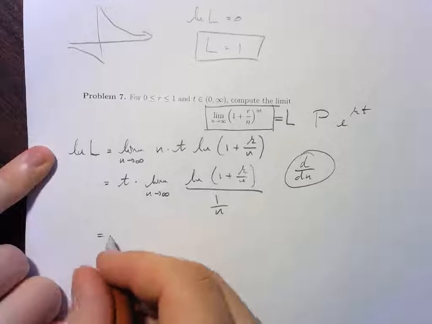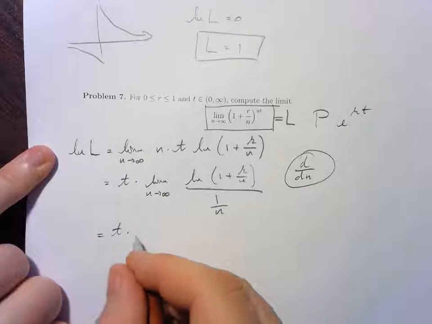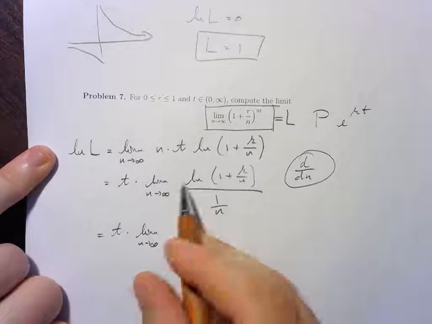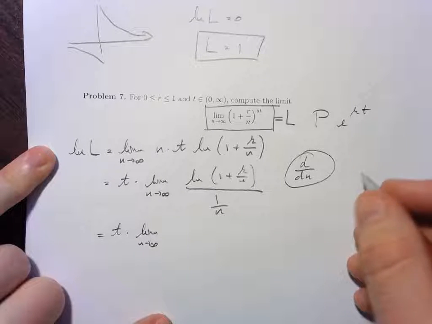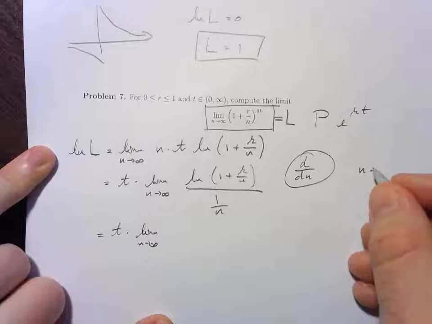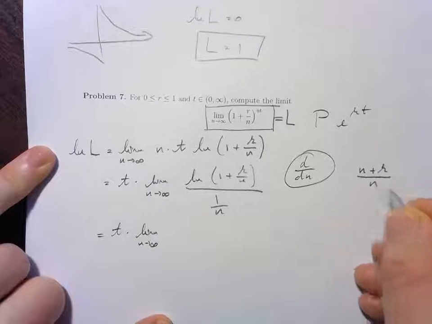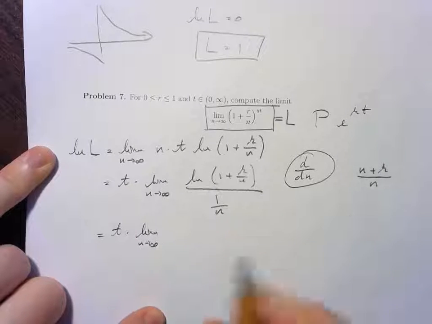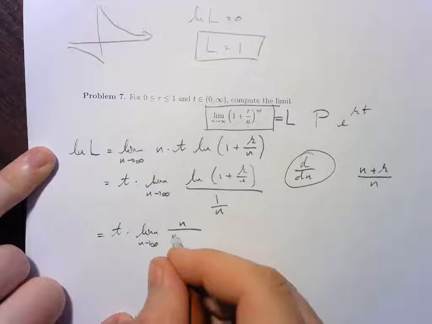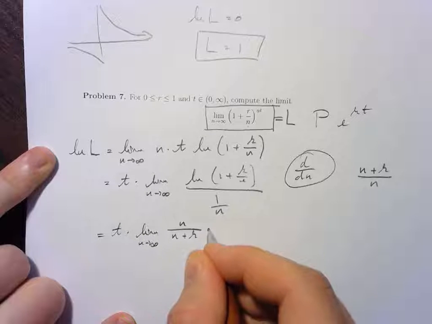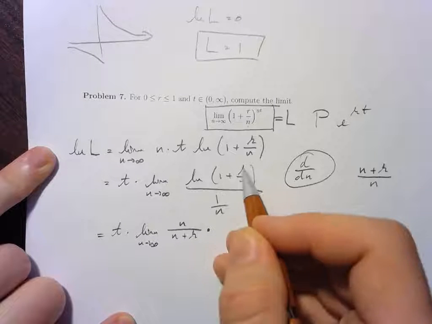Let's see what happens. I have t times the limit as n goes to infinity, derivative with respect to n on top. Well, the inside of that function is the same as n plus r over n. I get 1 over that, so I'm just going to write it as a reciprocal, n divided by n plus r, times the derivative of the inside.